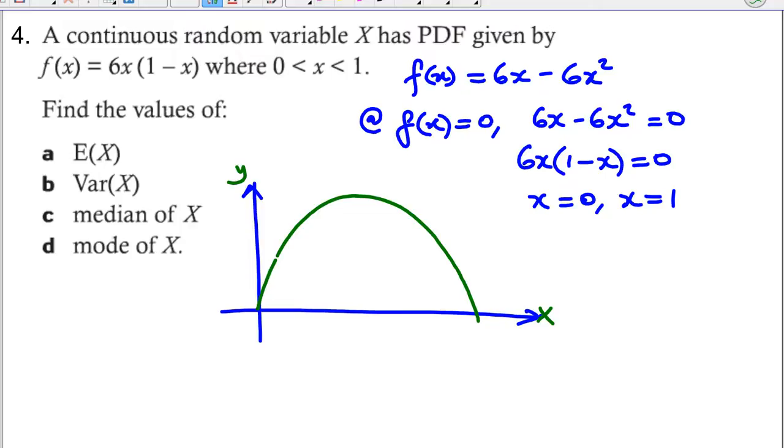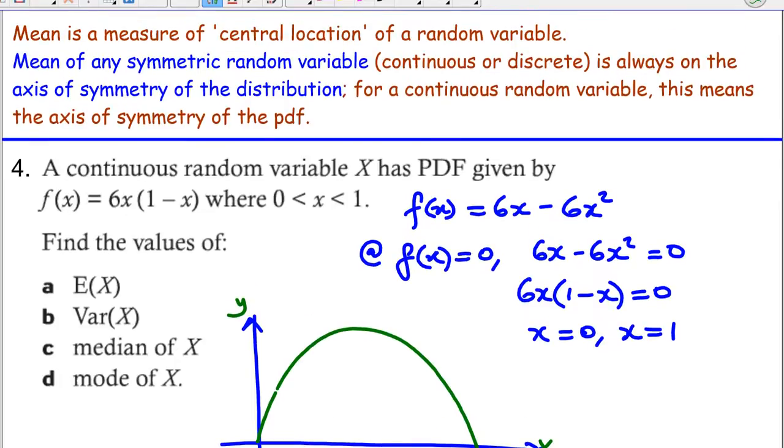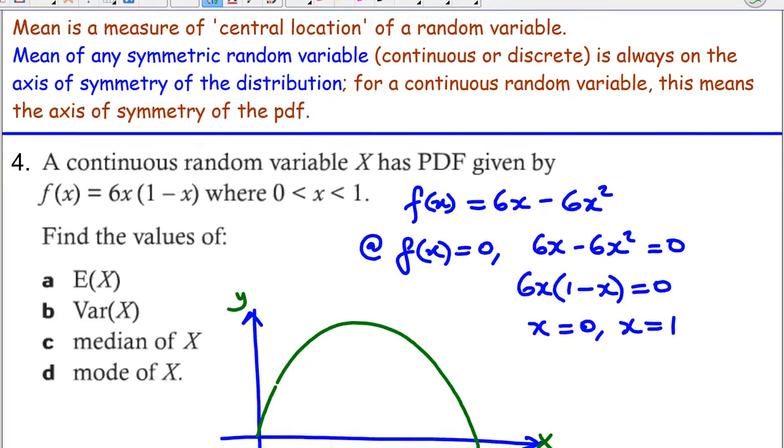And what we said above is that if you have a function that's symmetrical, then basically the expected value, right? Let me just scroll down so that you can see what I mean. For any symmetric random variable, the axis of symmetry is basically what the mean of that random variable is.